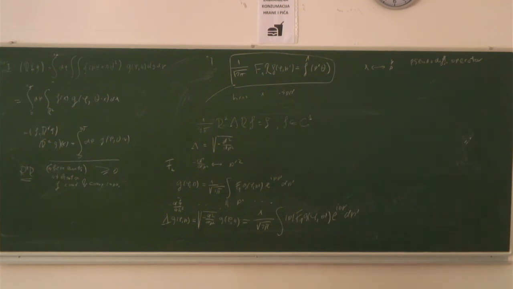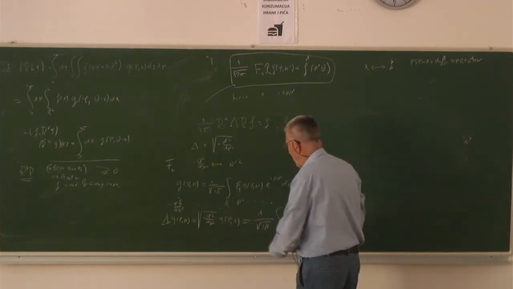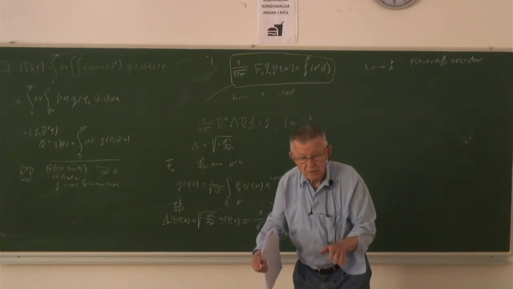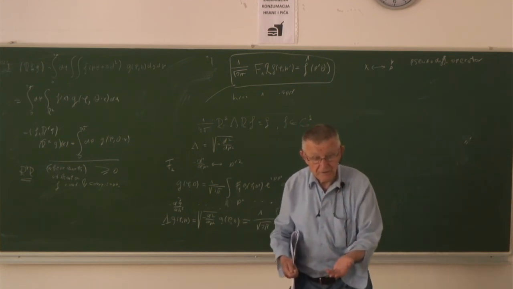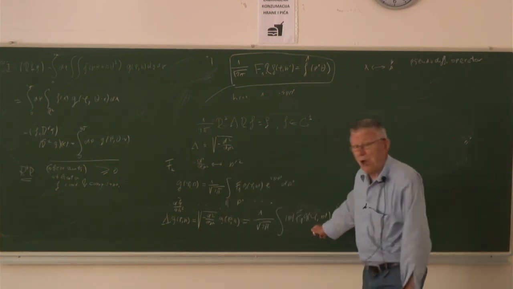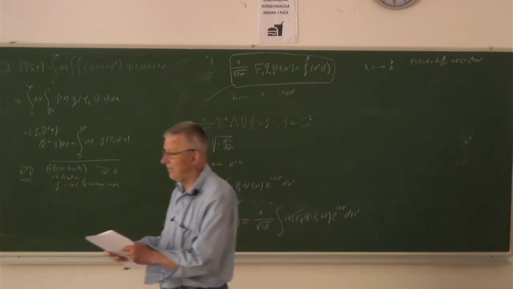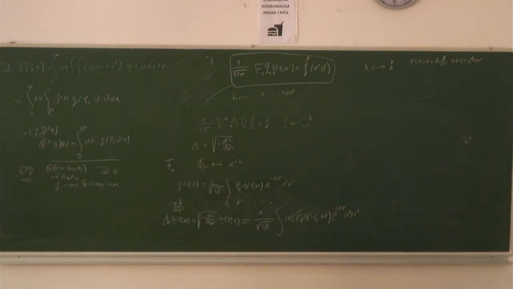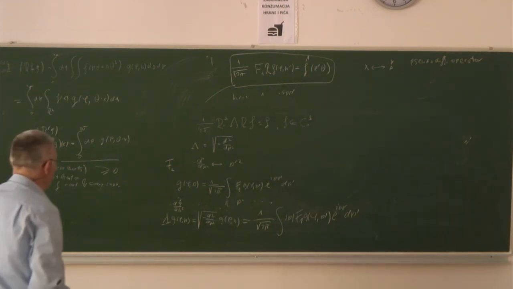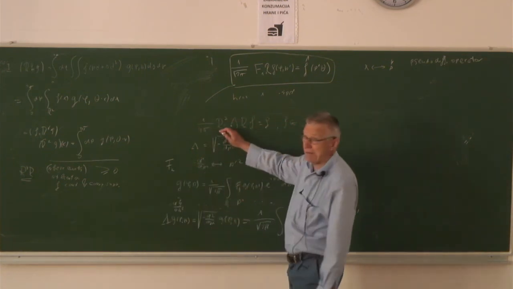If a function, say this g, has a compact support, then any derivative of it will also have a compact support. That's trivial. But a pseudo-derivative will not. So now I have established what this formula says.